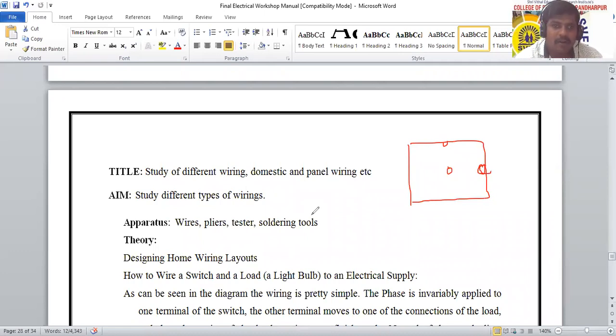That means number of loads is equal to number of switches in case of simple wiring. For controlling one load we are using one switch.